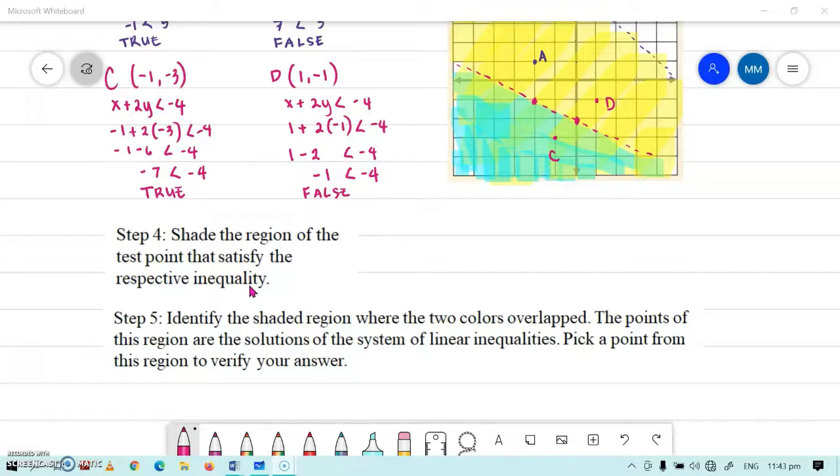So again, all the points located in this overlapping shaded region are all the solutions to the system of inequalities that we have in this example. So let's locate now. Let's use this point, and let's have it as point E.